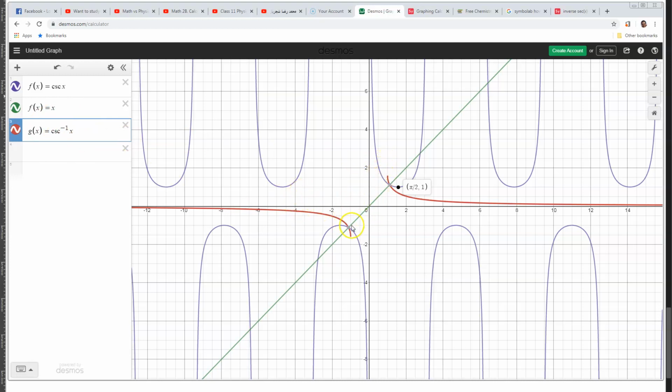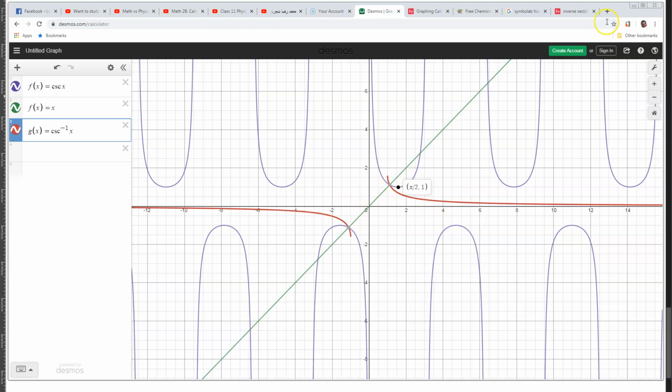As you can see, the function over here goes from negative pi by 2. The y coordinate is negative pi by 2. The y coordinate here is pi by 2, and y is actually an asymptote here. So y has been taken out.